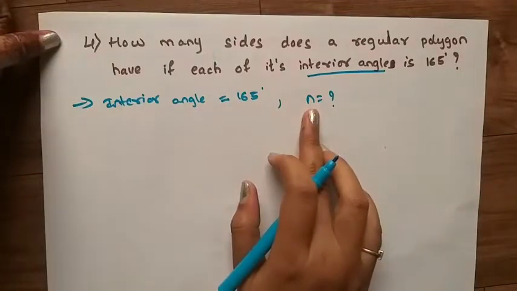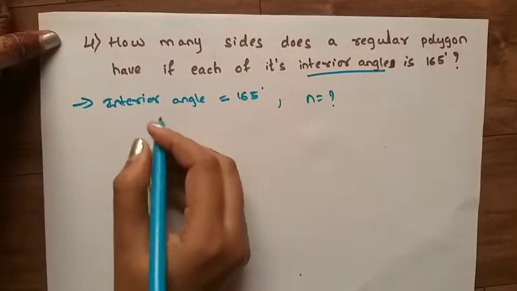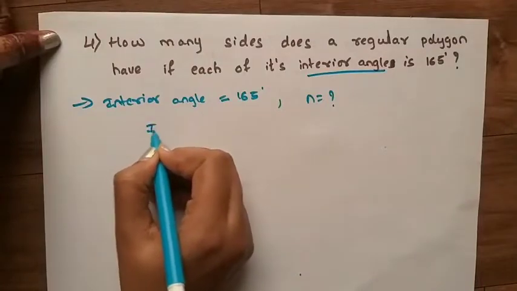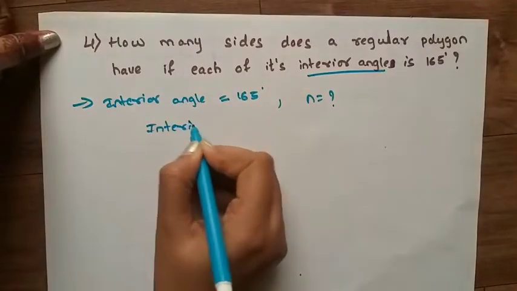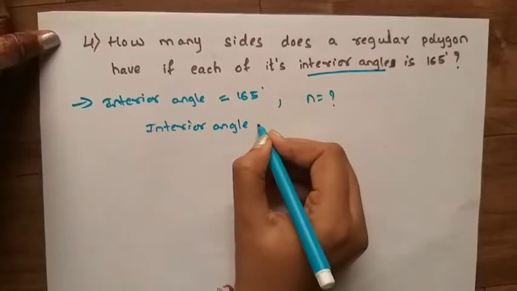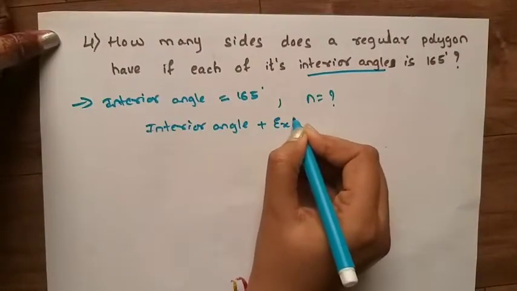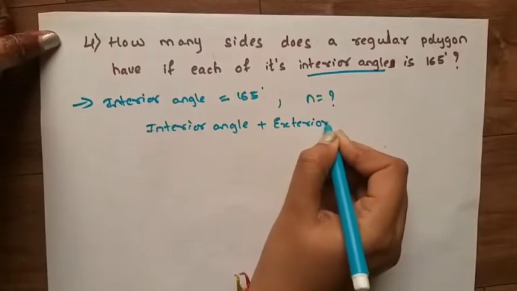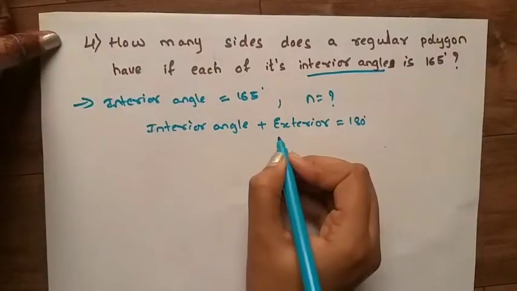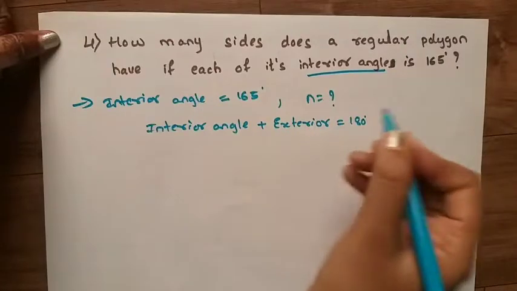Here we have one formula: interior angle plus exterior angle is equal to 180 degrees.